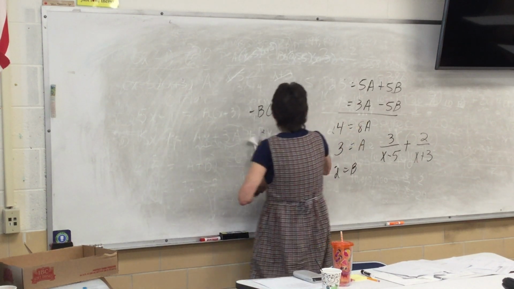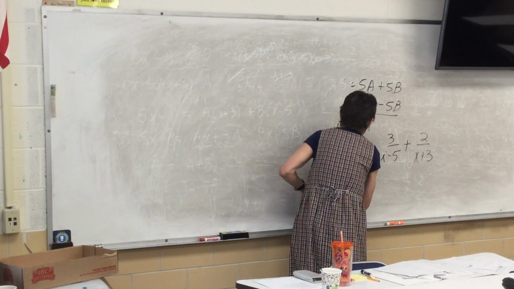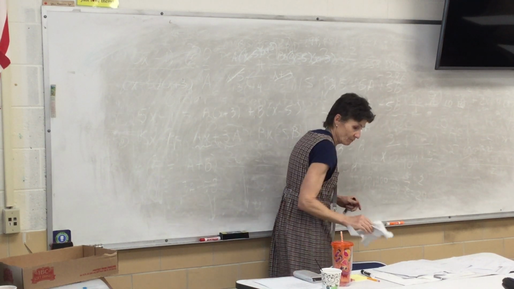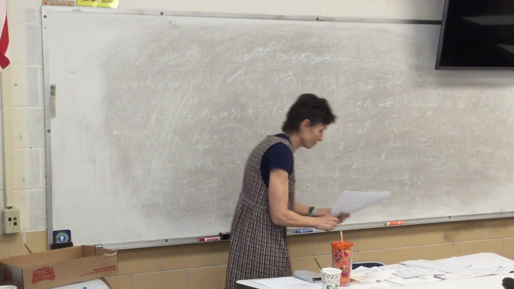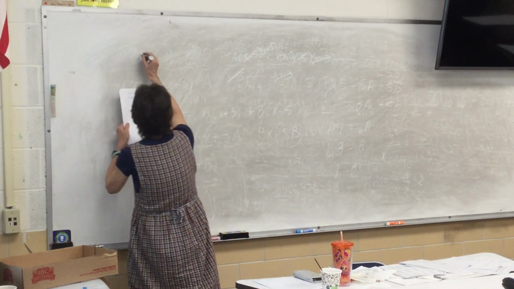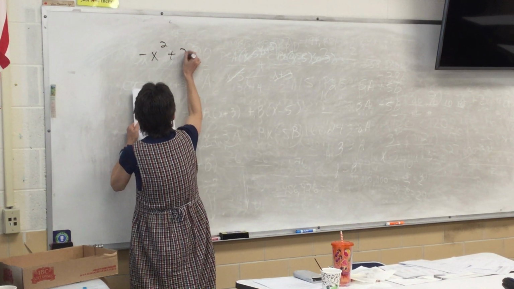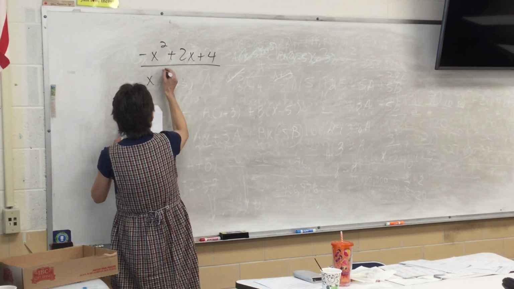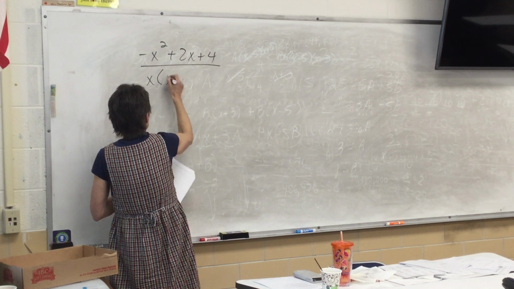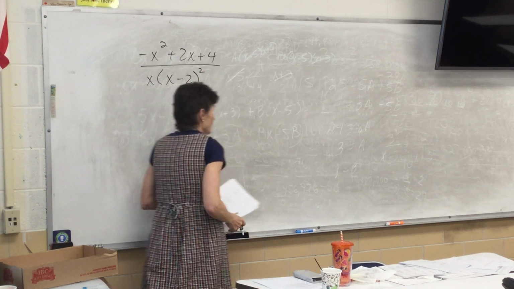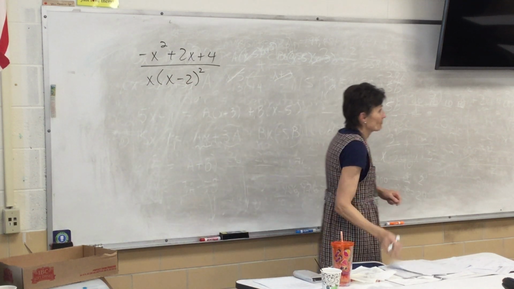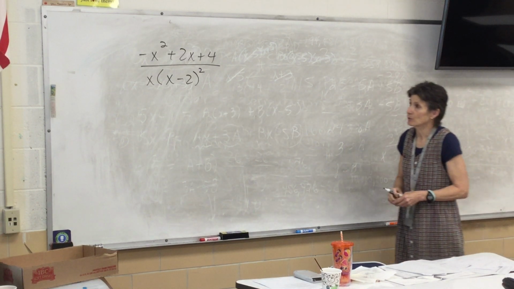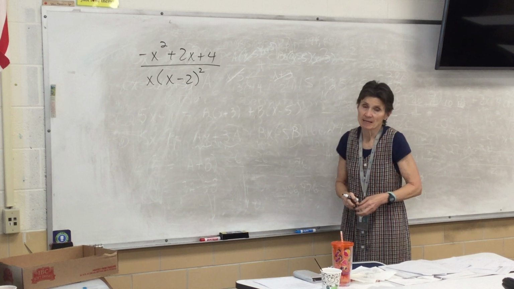So factoring the denominator will give me -x squared plus 2x plus 4 over x and x minus 2 squared. So if I pull out an x, I'm left with x squared minus 4x plus 4, which factors into x minus 2 times x minus 2.